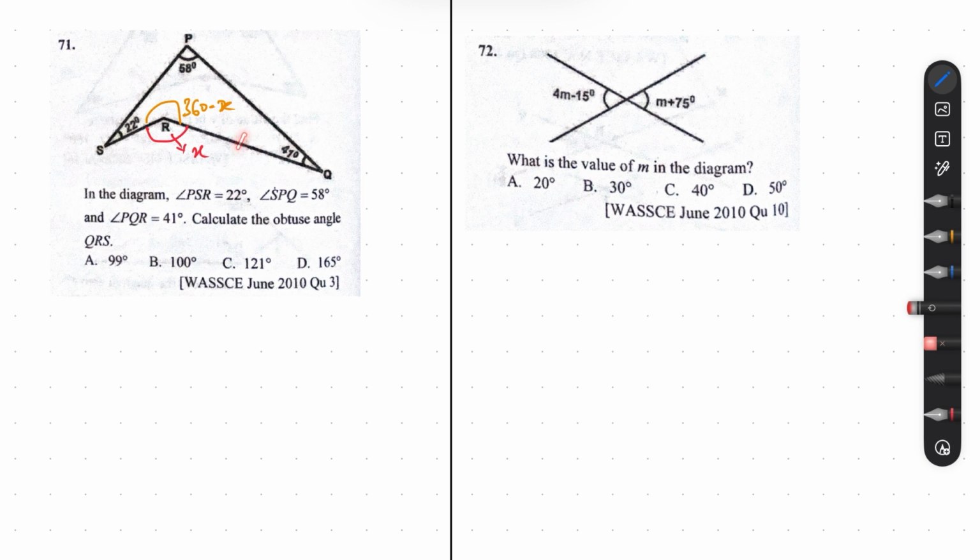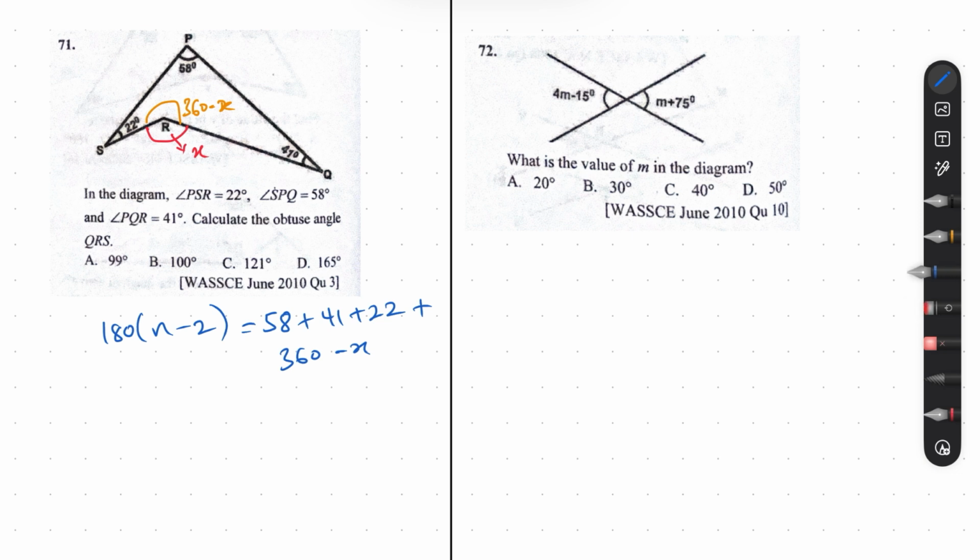So we can use our formula 180 times n minus 2 to be equal to the sum, which is 58 plus 41 plus 22 plus 360 minus x. And the n here is 4: 1, 2, 3, 4.